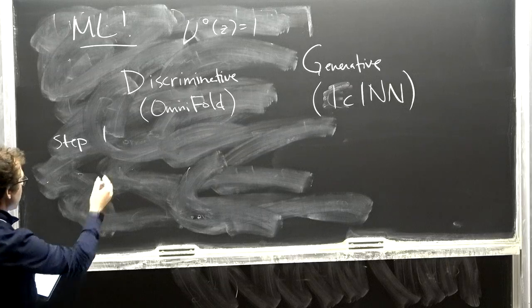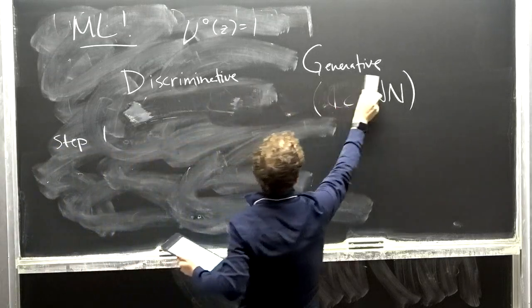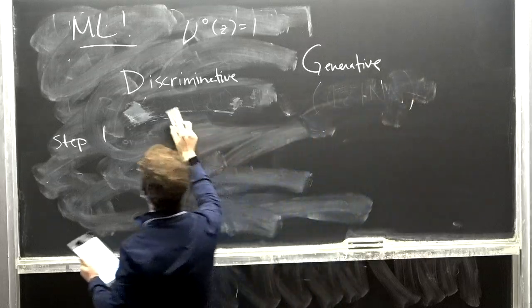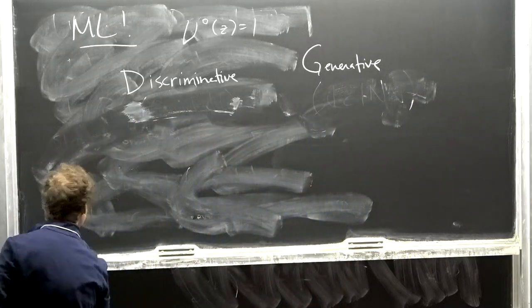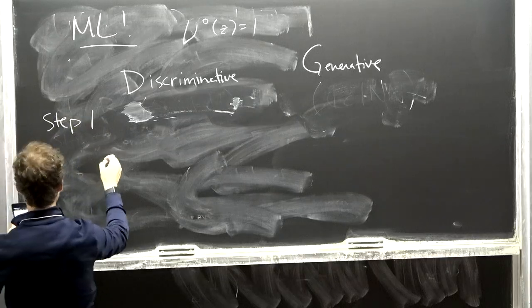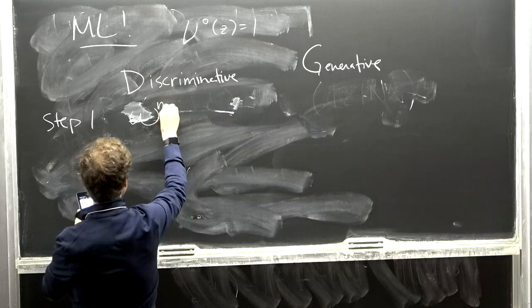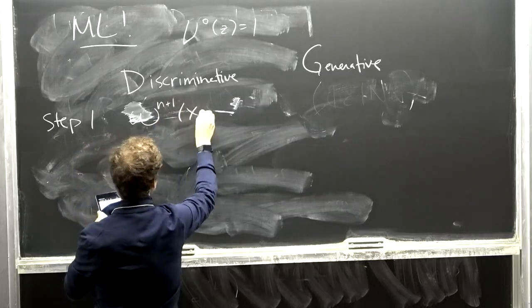And then step 1. In fact, the names don't even really matter, honestly. You have a weighting function, which is just the likelihood ratio.